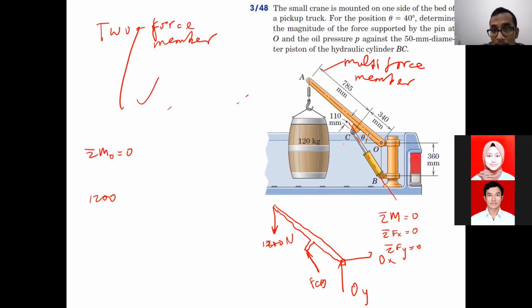Di sini teta 40 derajat. Cos, cos berapa? Gambarnya paling gampang kalau 40 derajat di sini. Di sini berapa? Segitiganya kan ini 50. 50, betul. Di situ jadi 50 derajat.